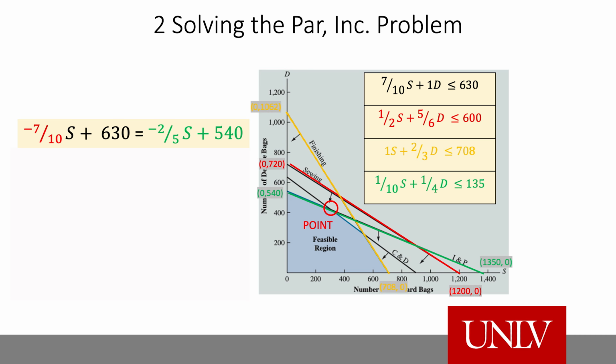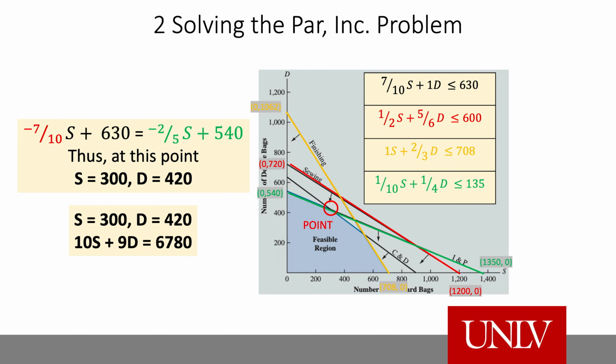At this point, S equals 300 and D equals 420. So when S equals 300 and D equals 420, 10S plus 9D is 6,780. This is the profit when we have 300 standard bags and 420 deluxe bags.